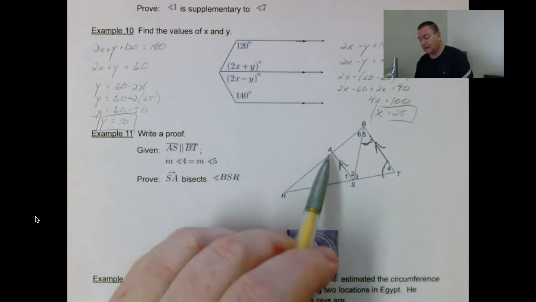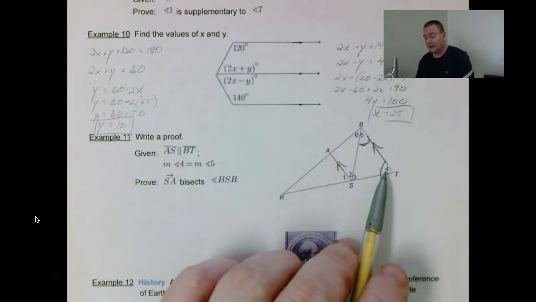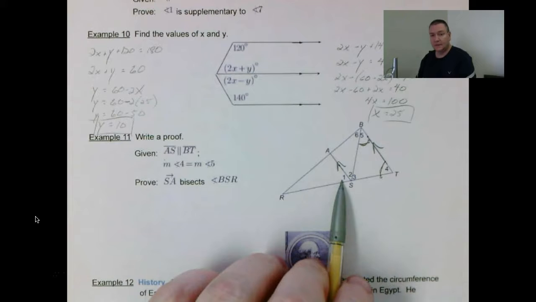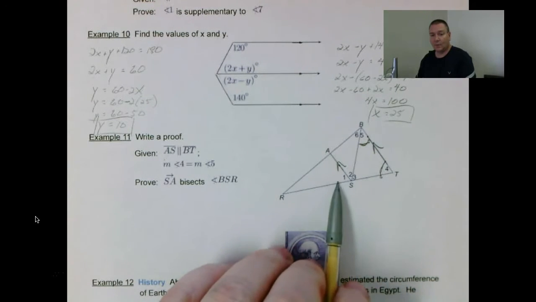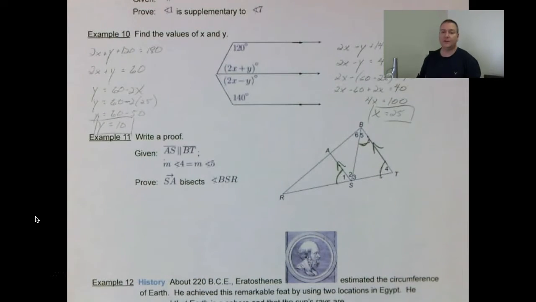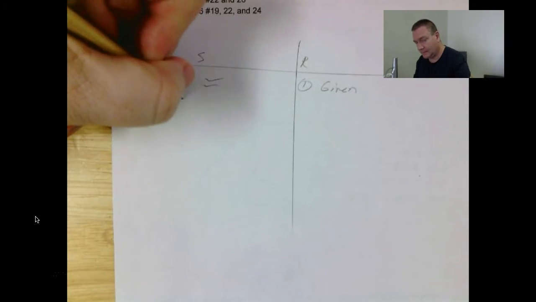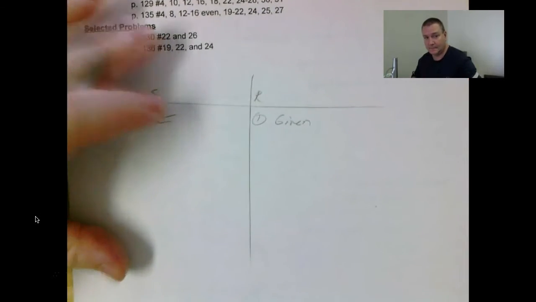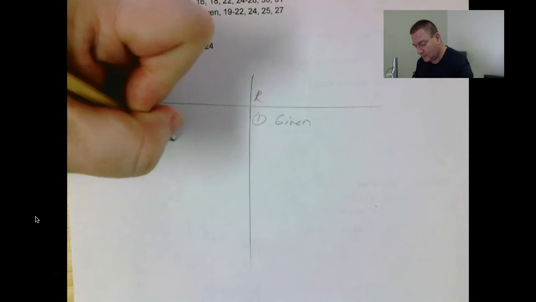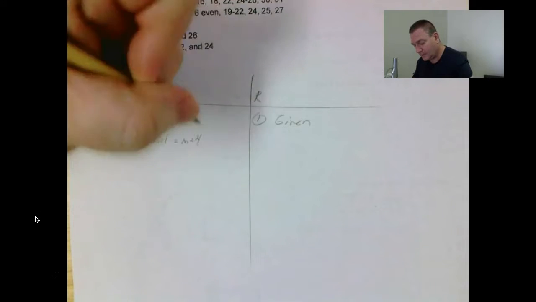Okay, using our parallel lines, angle 4 and angle 1 correspond to each other. So angle 4 and angle 1 are corresponding angles of parallel lines. They have to be congruent to each other. So, 2. Measure of angle 1 equals the measure of angle 4.